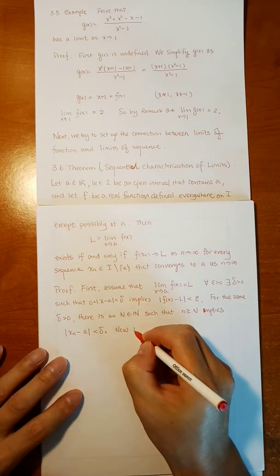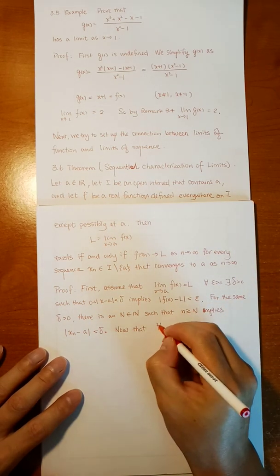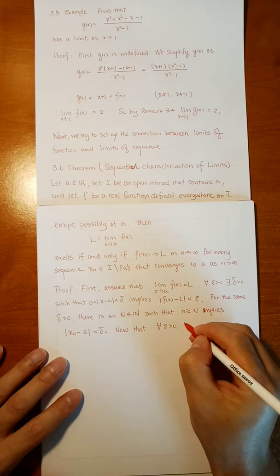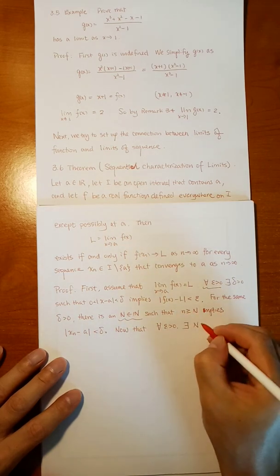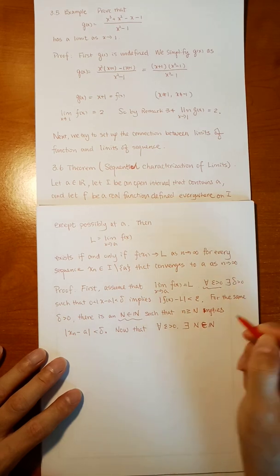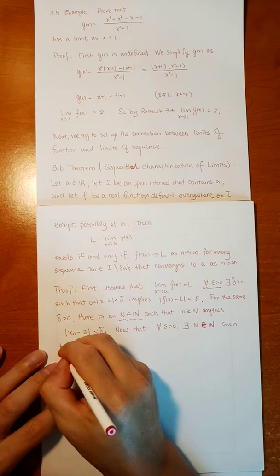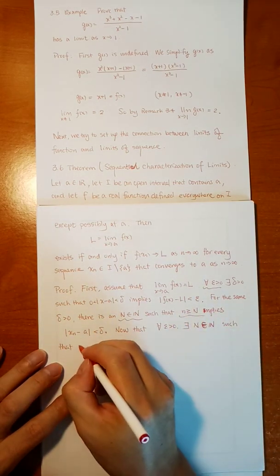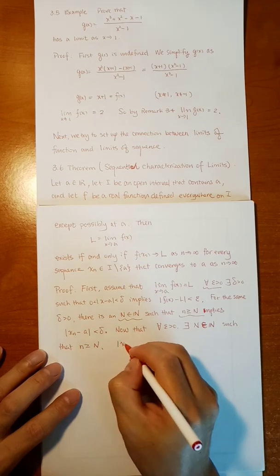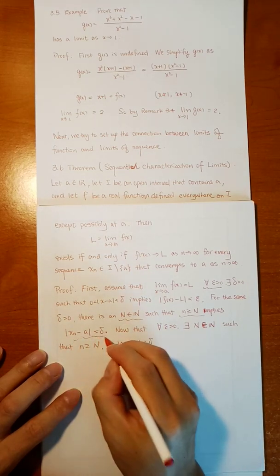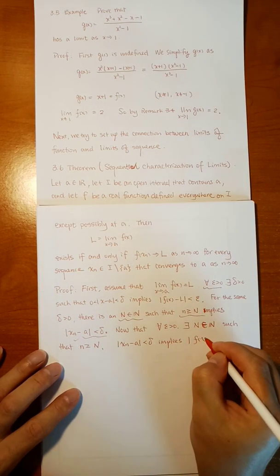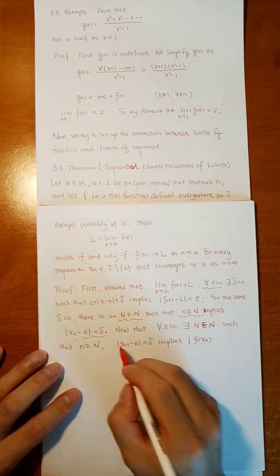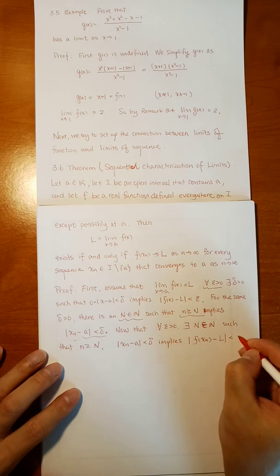Now, for every epsilon greater than 0, there exists a capital N belonging to the natural numbers such that for n greater than or equal to capital N, |xn minus A| is less than delta, and this implies |f(xn) minus L| is less than epsilon.